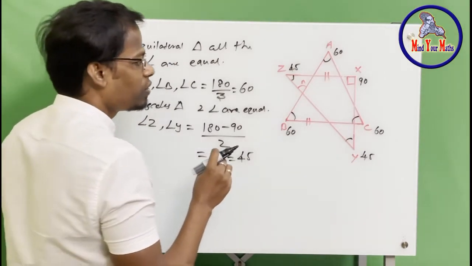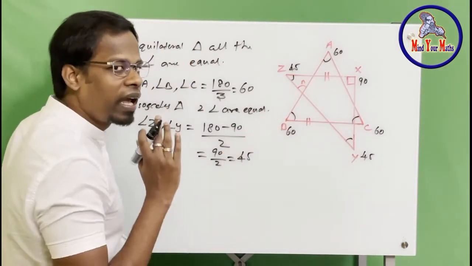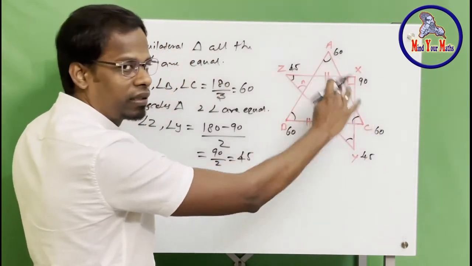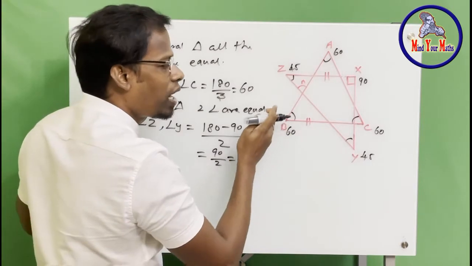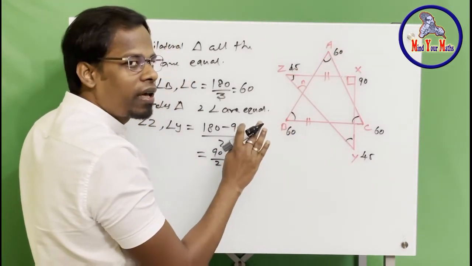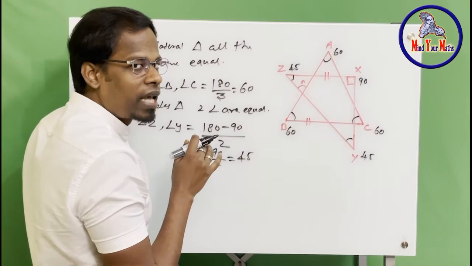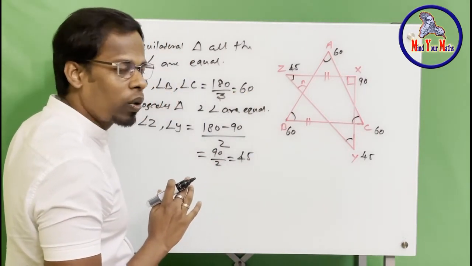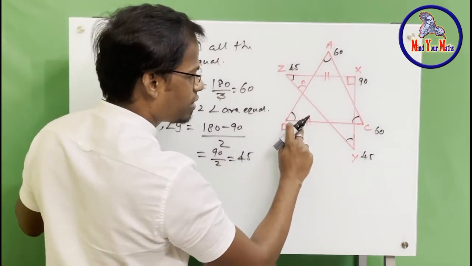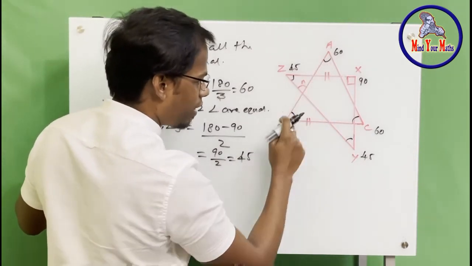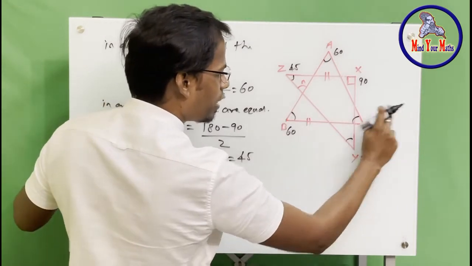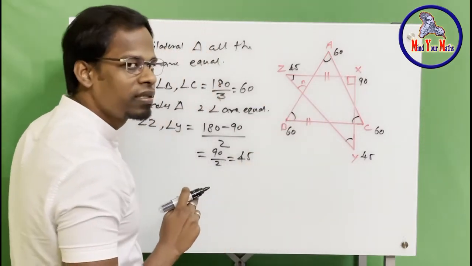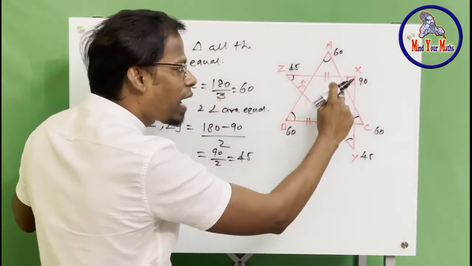You see, in any triangle, if you draw a parallel line to any side, only the length of the side will change, but the angle will always be the same. This is one side of this triangle. You just cut it through here by drawing another parallel line, and all the angles will still be 60.